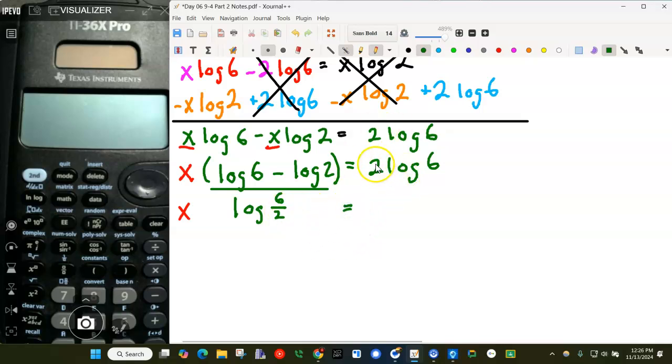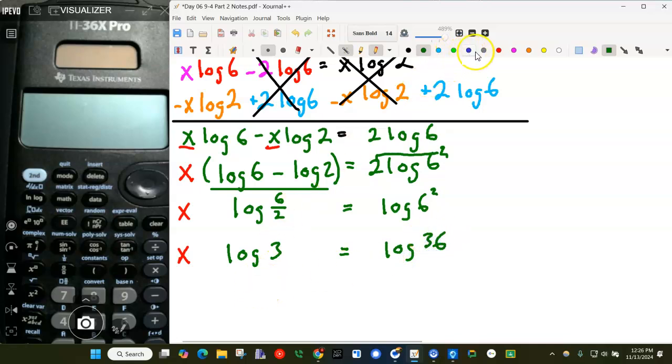Same thing over here. We could say, well, this 2, let's combine it. Let's put it back as an exponent and make that log of 6 to the second. So that makes this, all the numbers become way smaller. So we now have x times log of 3 equals log of 36.